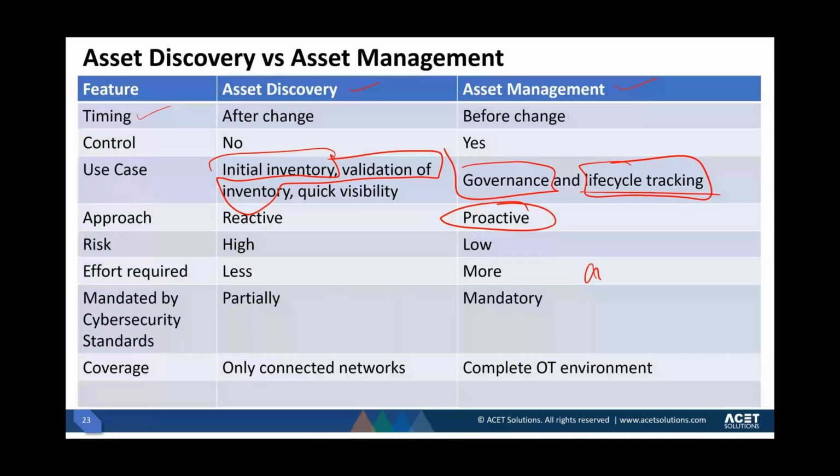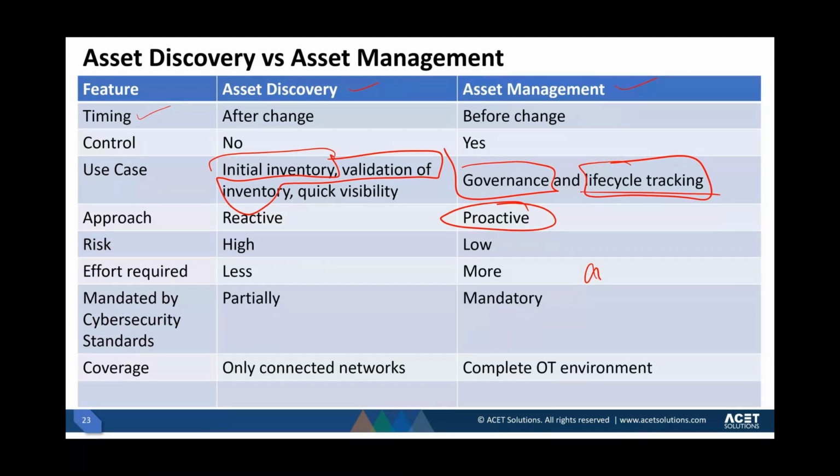Can asset discovery tools identify instruments and their configurations? I'm assuming you mean field instrumentation like transmitters and control valves. In almost 99% of cases, the answer is no, because unless you're using some kind of fieldbus like Foundation Fieldbus or any kind of IP-based instrumentation, these field instruments will not even be accessible.